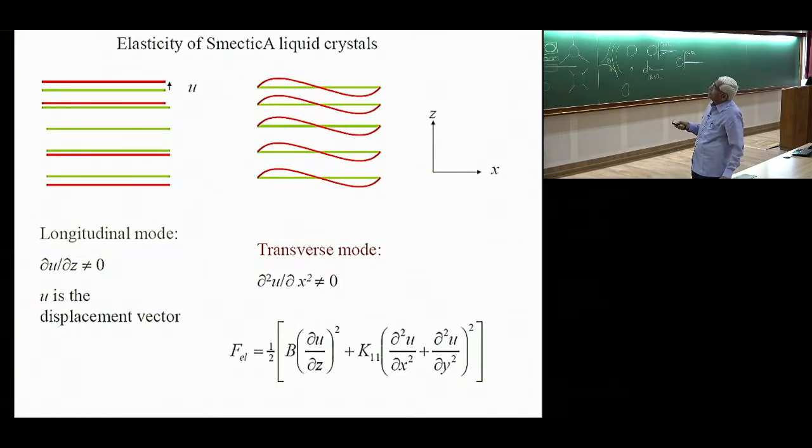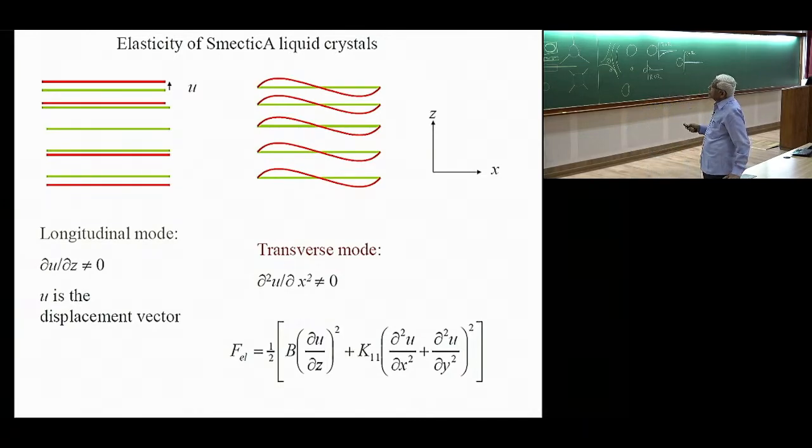So if I define a displacement vector u, then you have a longitudinal mode and a transverse mode possible. This depends upon ∂u/∂z being not equal to 0. And this corresponds to really the Young's modulus, the compression modulus.